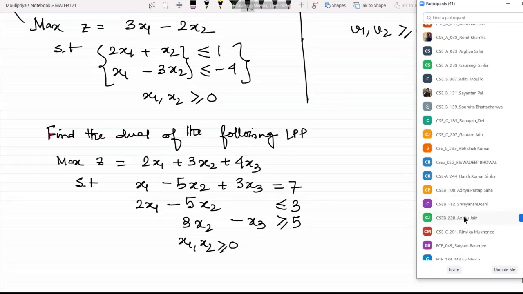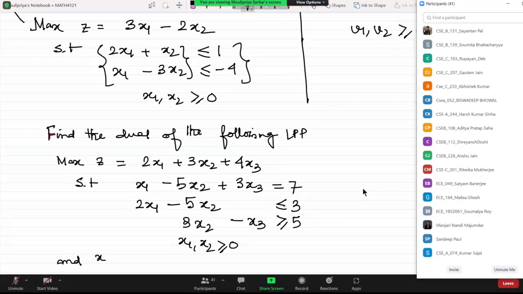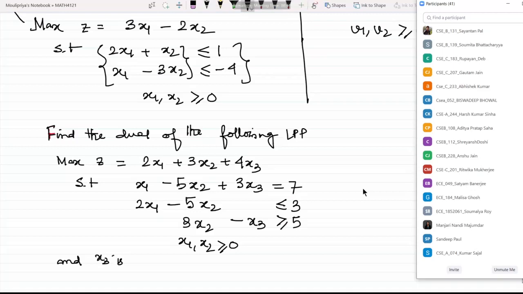This is one problem that covers all the cases, and x3 is unrestricted in sign. See, today we are just doing the working rule. The theory part corresponding to this one will be uploaded as a reading material in the Google Classroom. Please go through it.